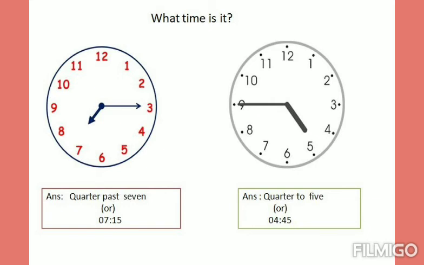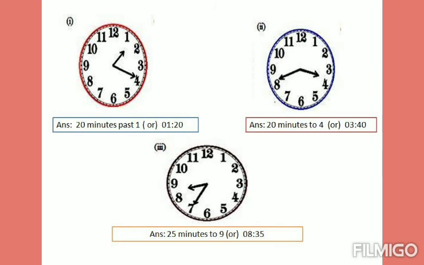So children, it is very important to know the movement of the hands of the clock to calculate the time. Hereafter, all of you look at your clock and read the time as per my guidance. First, look at the movement and the position of the hands of the clock to read the time.